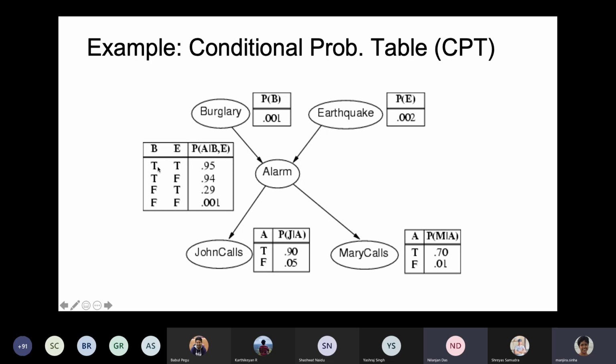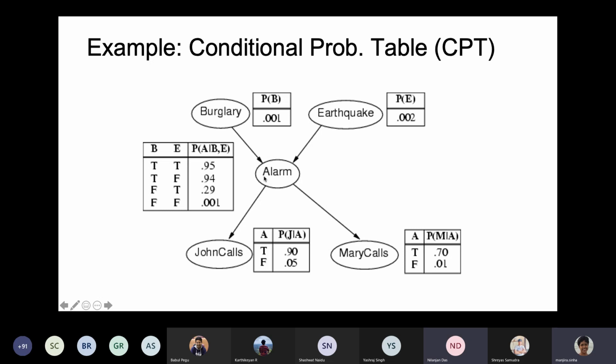So how did we do? For both to be true, for one to be true and another false, for the first one to be false and the second one to be true, and both to be false. That is 1, 1, 1, 0, 0, 1 and 0, 0. And we have all the conditions for all the probabilities given.